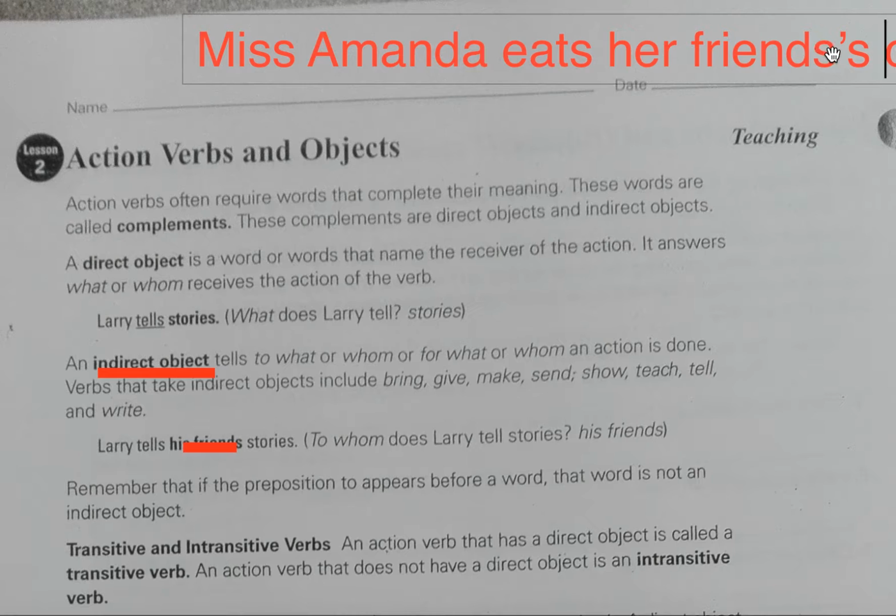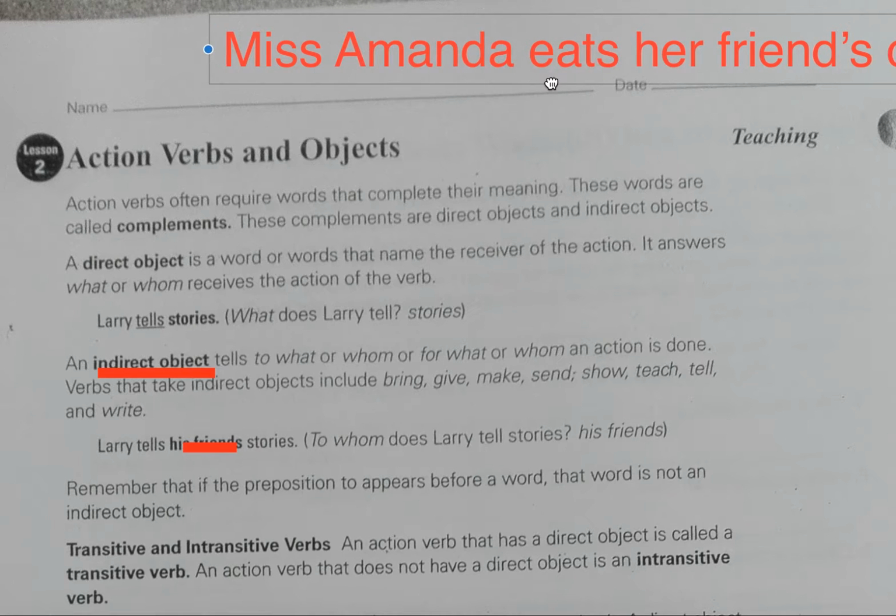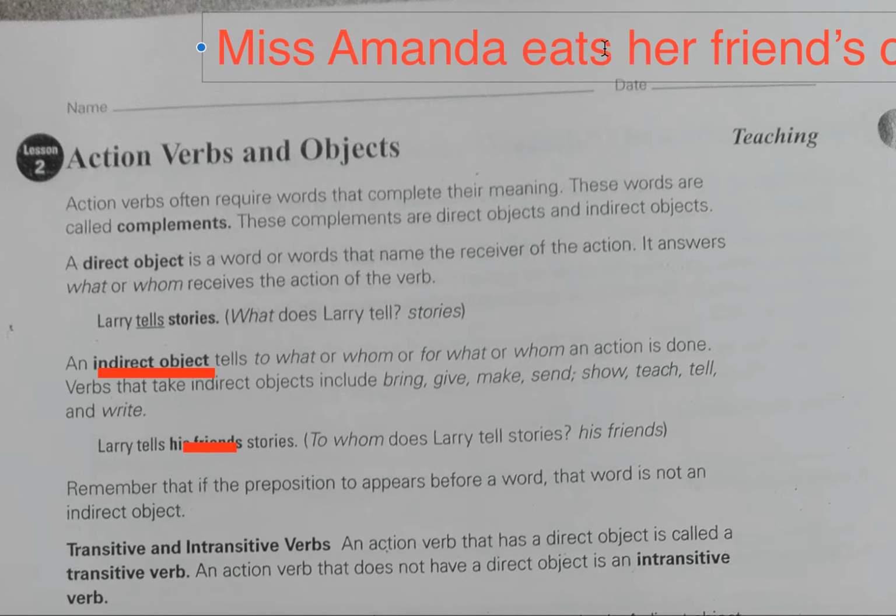Let's fix our spelling. Okay. So I know that eats is our verb because that's the action word, right? And if I ask, what does Miss Amanda eat? The answer is cake. Then I can ask, whose cake does she eat? Her friends. Her friends is the direct object.